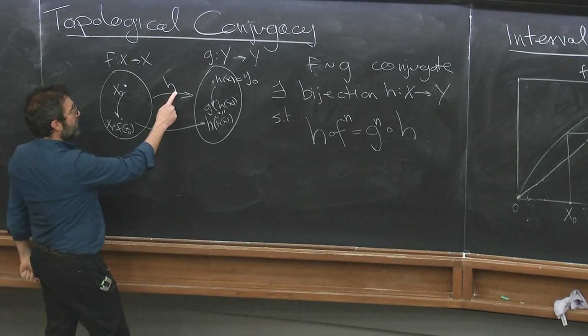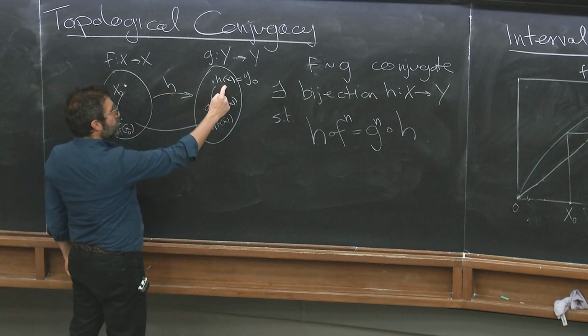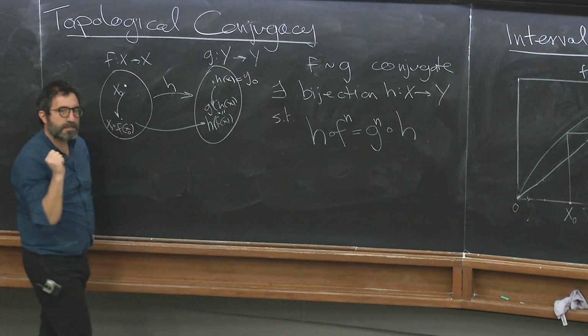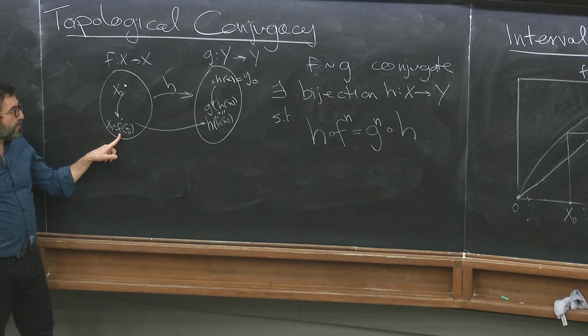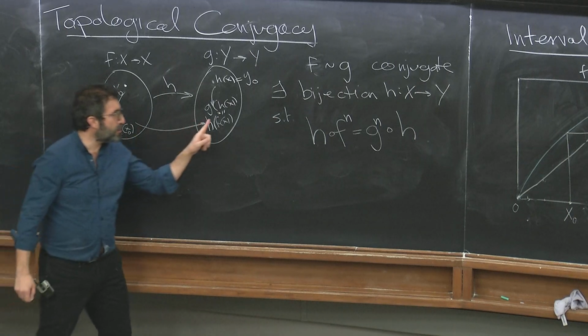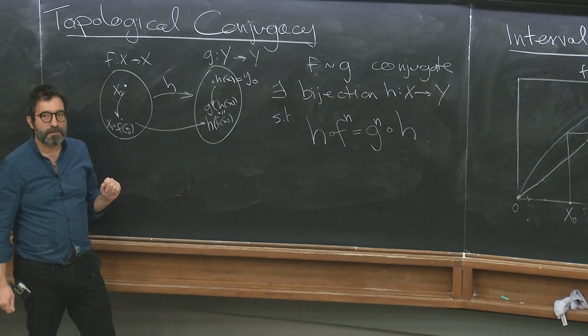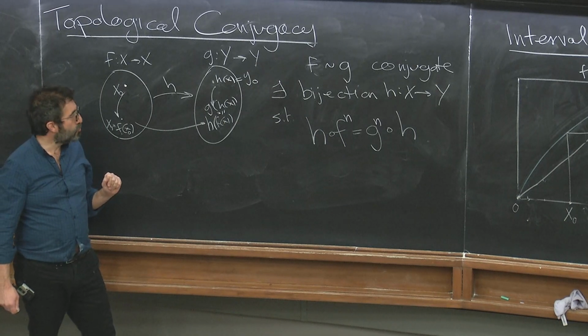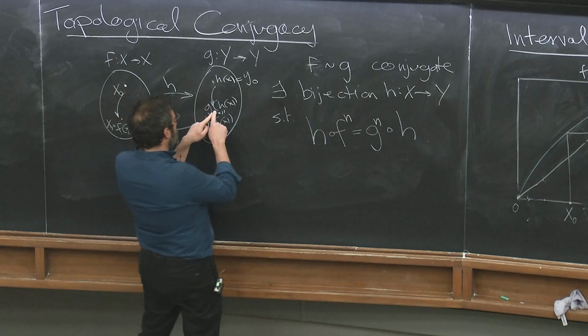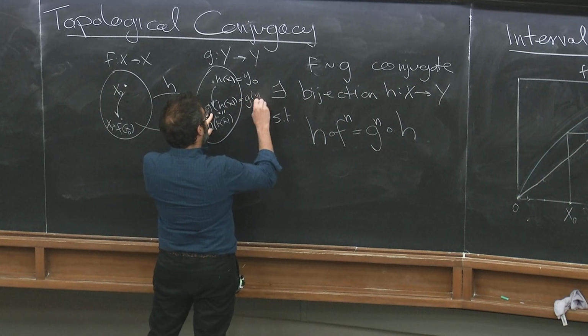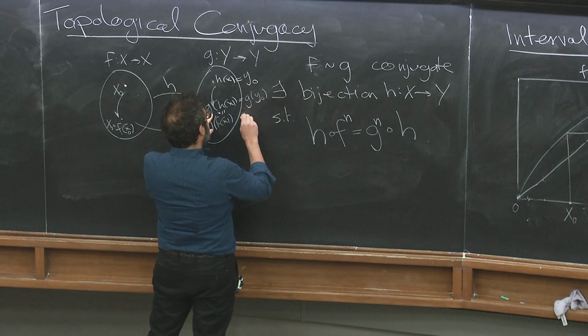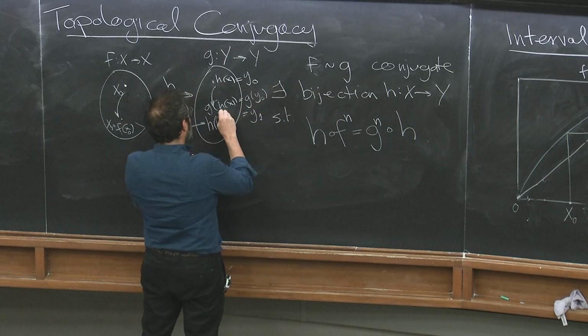If H maps x0 to y0, then F of x0 must map to which point? Y1. To y1, exactly, which is G of H of x0, which is G of y0, which we write as y1. Right? This is y1.